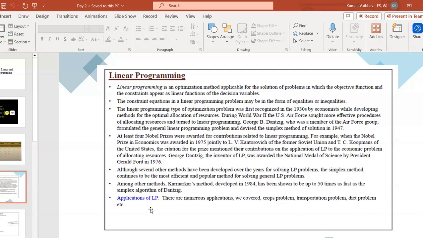We will cover the transportation problem, then the crop problem, and the diet problem today, and most of the models we study in this course later on, including CGE models, will be linear programming problems.